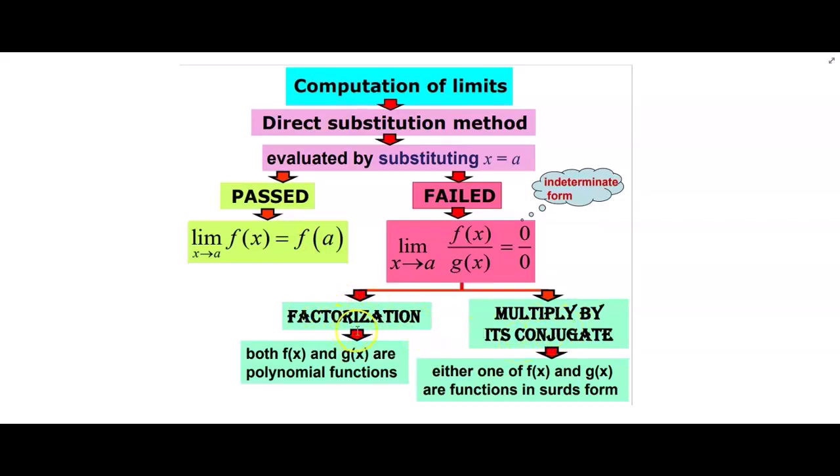Normally, if your f(x) and g(x) consist of polynomial functions, then we will use the method of factorization. If your f(x) or g(x) contains a square root form, then you need to apply the multiply by its conjugate method. After either one is done, we will simplify the function, and later on we will use the substitution method again to evaluate the limit.